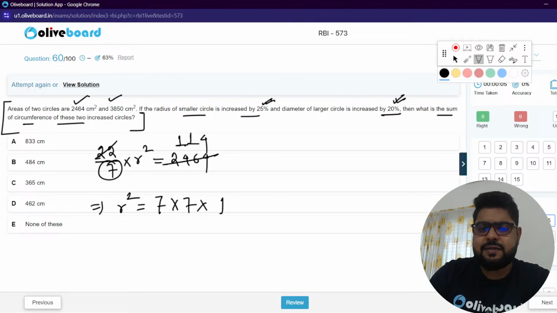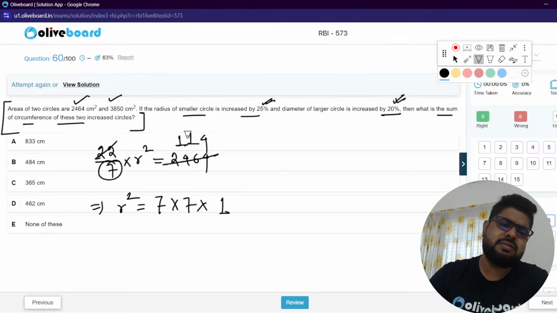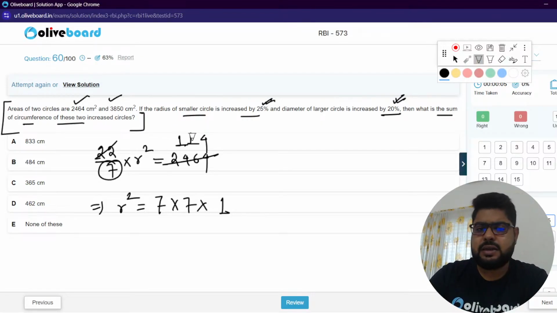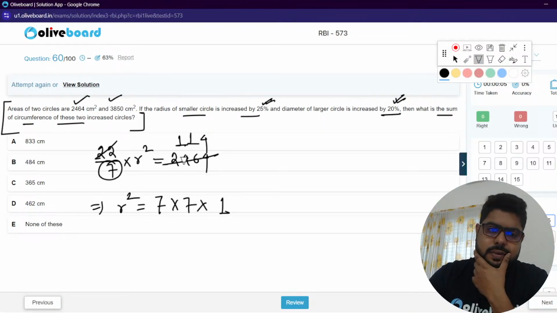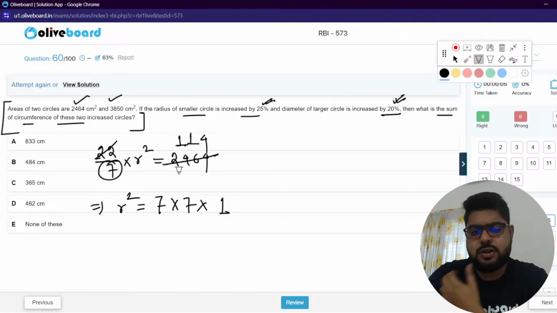7 ones are 7, and 7 ones are 7, and how much was it? One second, we have done it correctly, no? 22 ones are 22, so this is 112.